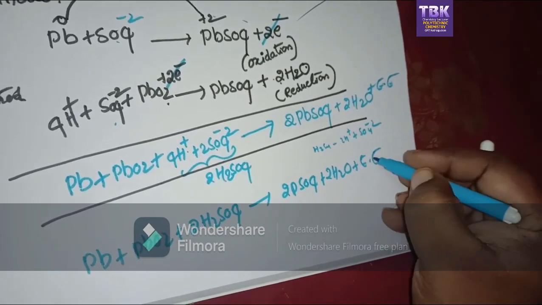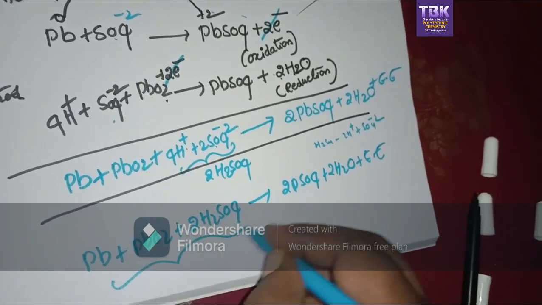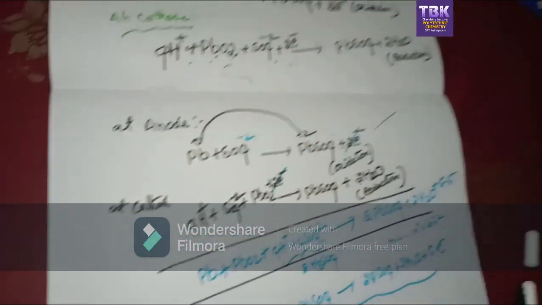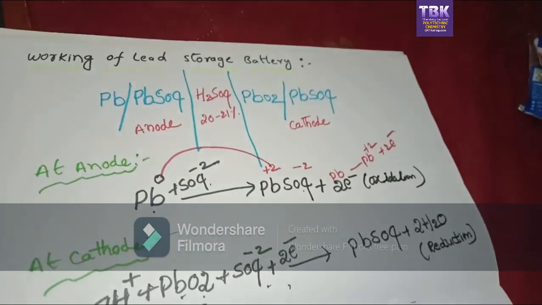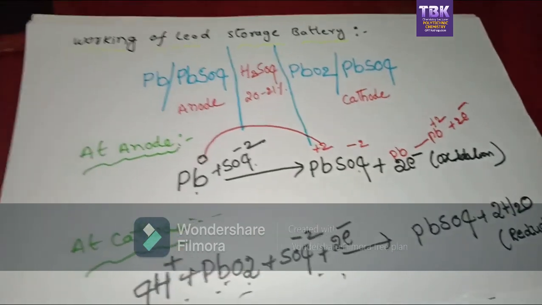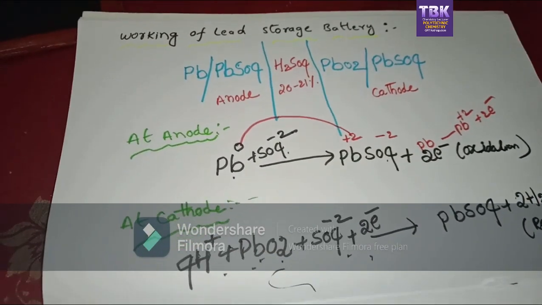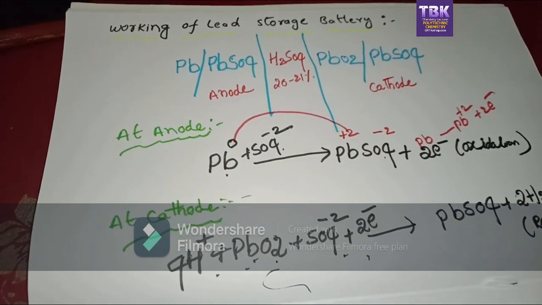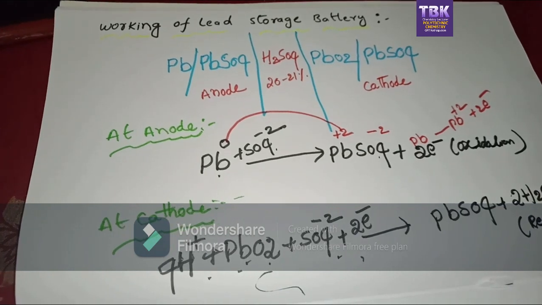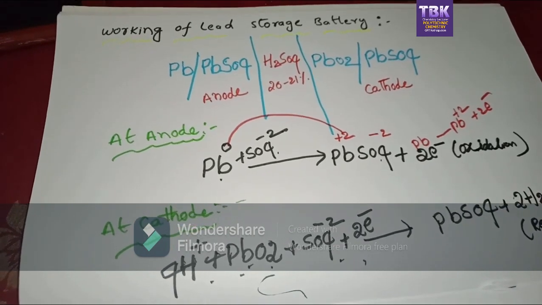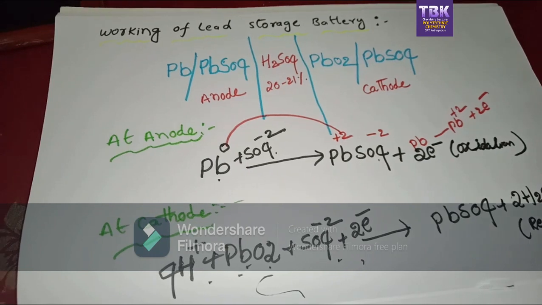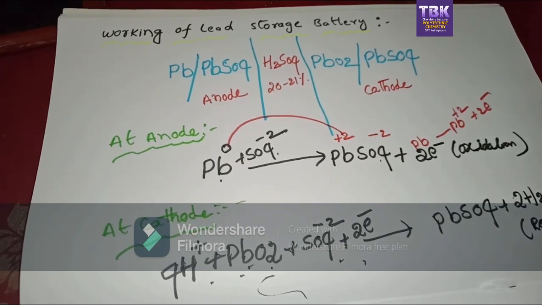It is a voltaic cell, it generate the electrical energy. This is a discharging reaction. So after some time it may be noted that the lead sulfate is deposited at both the electrodes and H2SO4 is used up. So concentration of H2SO4 is decreased.